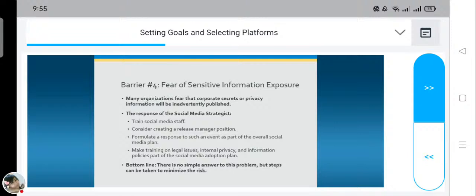You could also ensure that you're going to formulate a response so that in the event that something does happen, you've got a social media plan that addresses how it's going to be handled, and handled quickly. You also can ensure them that you're going to train everyone involved on legal issues, internal privacy issues, and information policies that are going to be part of your social media adoption plan.